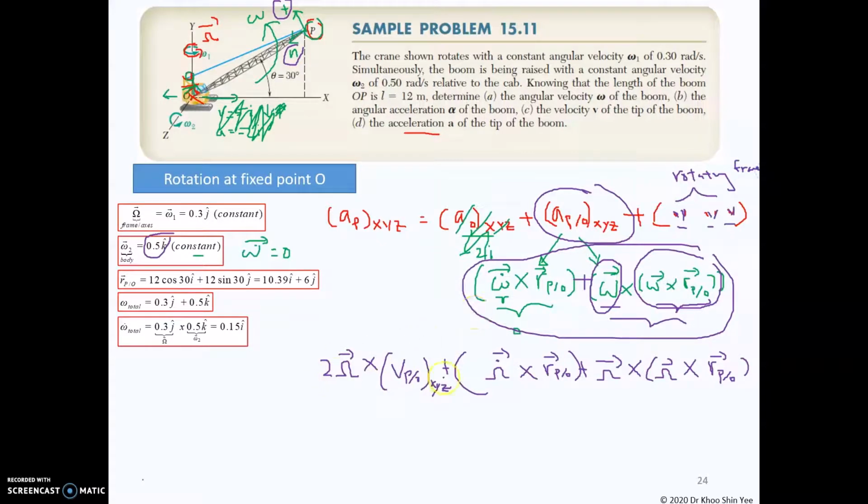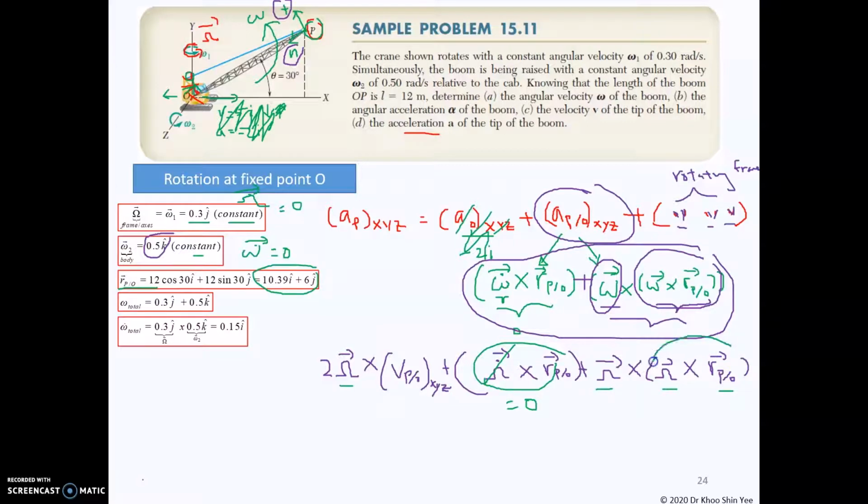You can see all of them have Ω or Ω dot, so you can substitute Ω into these formulas. Ω dot should be equal to 0 because Ω is constant. Therefore, this can be cancelled, so this acceleration component is equal to 0. Then you can substitute the R P/O here inside.